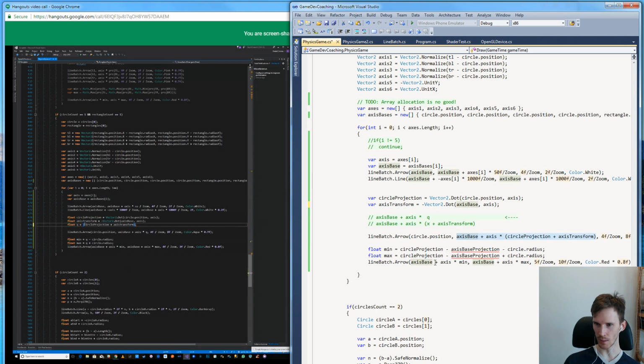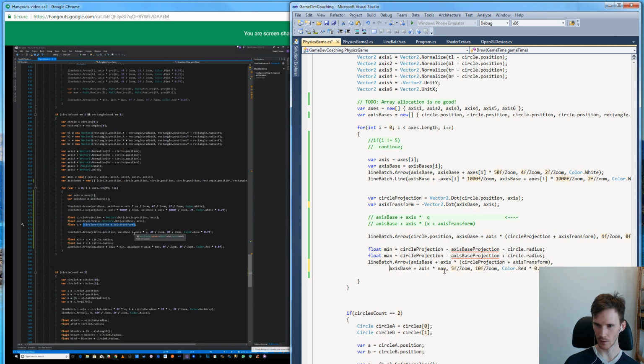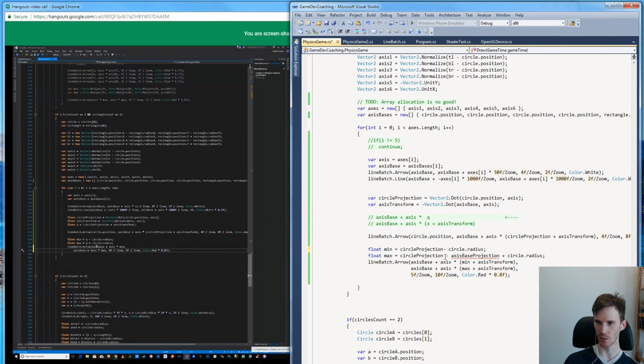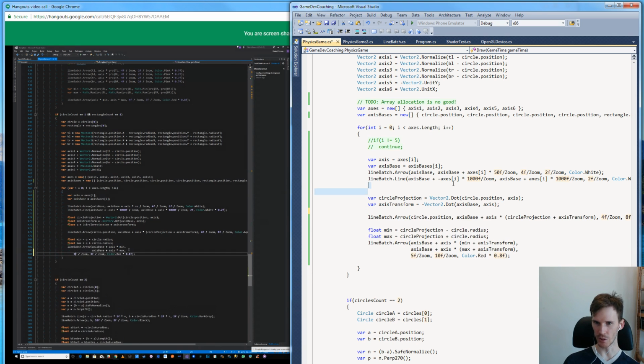So we've got axis base plus blah de blah de blah, and go on to another line. So min and max. And so what we've done here is we've built in this minus axis-based projection. So now we're just in that form.